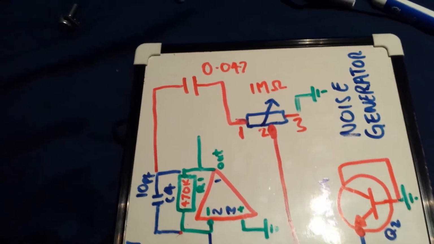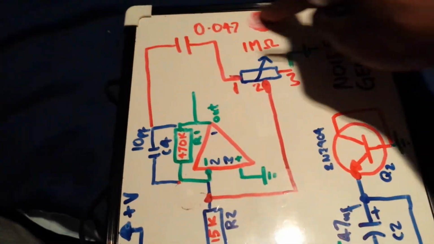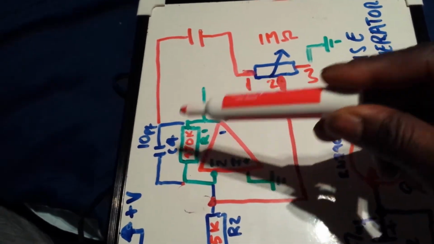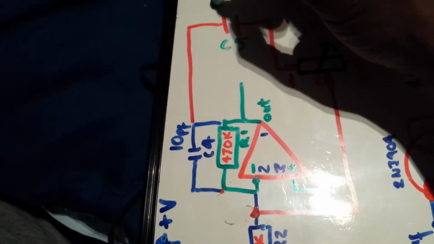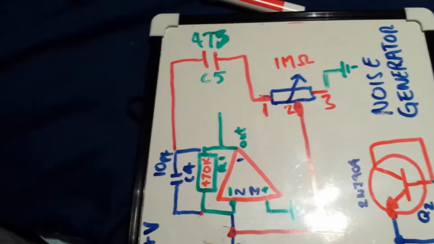Could be wrong, could be 4.7 nanofarads, or you could see it by 473 on the actual capacitor itself. And we want a non-polarized capacitor. So basically we're linking this capacitor in parallel with C4 here. So we'll call this our C5 mod cap, and I'll just call this 473. You can go up and you can go down.